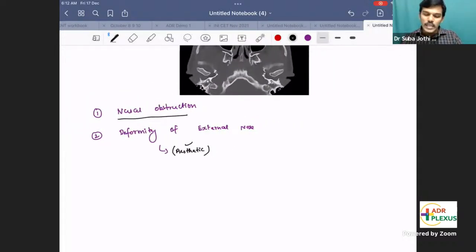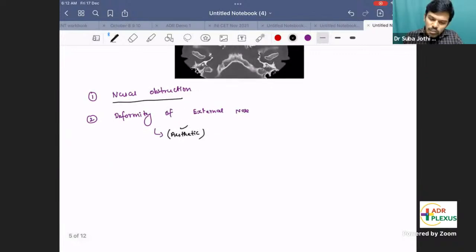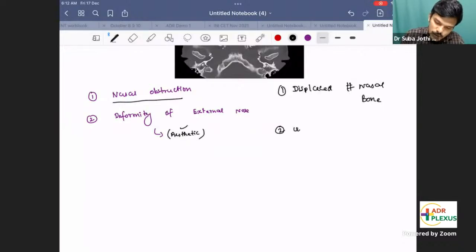Based on the displacement of the fracture segment, we can call it a displaced nasal bone fracture or an undisplaced nasal bone fracture. Clear?